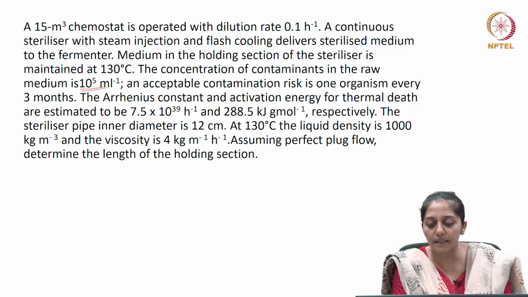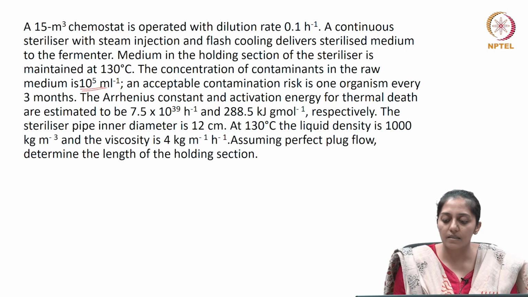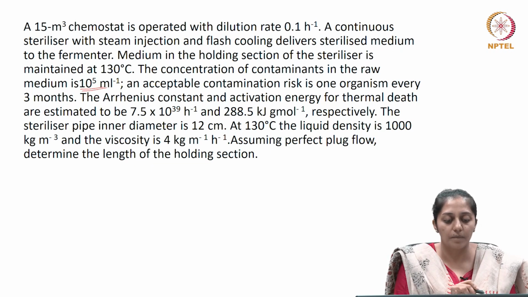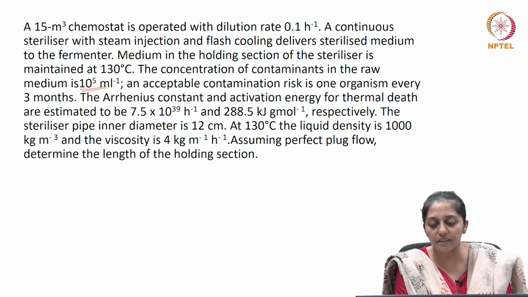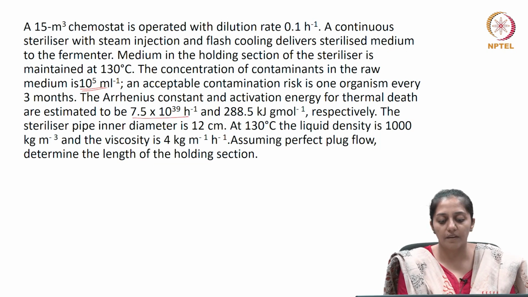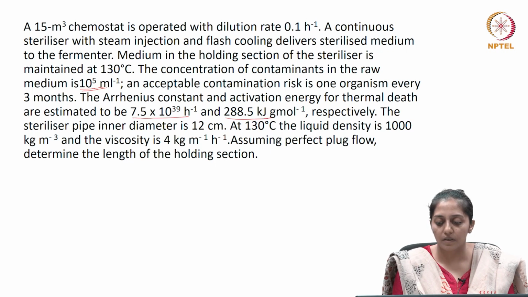An acceptable contamination risk is 1 organism every 3 months. We cannot go beyond that. So, after every 3 months, there is only 1 organism. The Arrhenius constant A and the activation energy for thermal death are given.